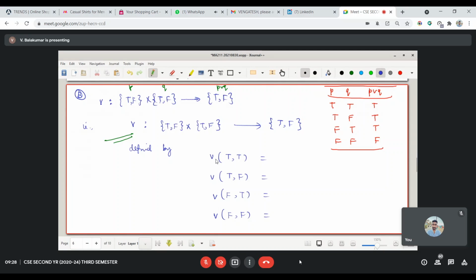If this stands for P and this stands for Q, now this function operates on these two truth values. P is true, Q is true. What about this function? This function takes these two points to a specific truth value which we called true.